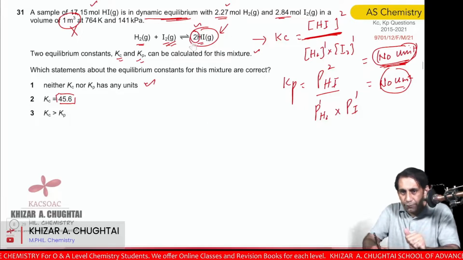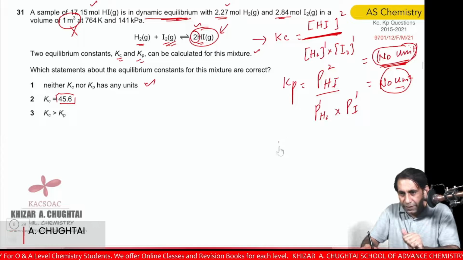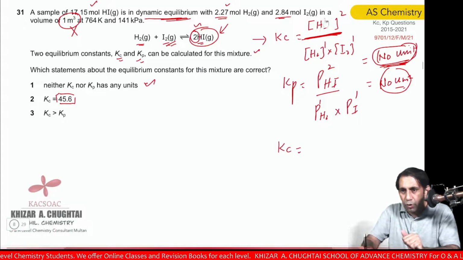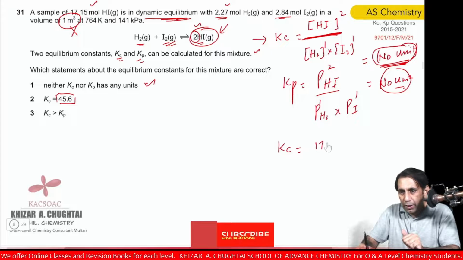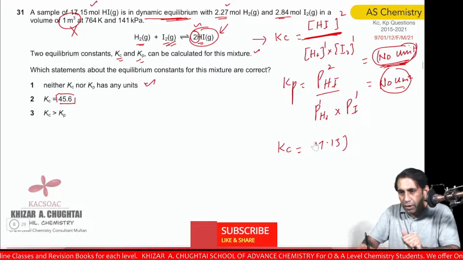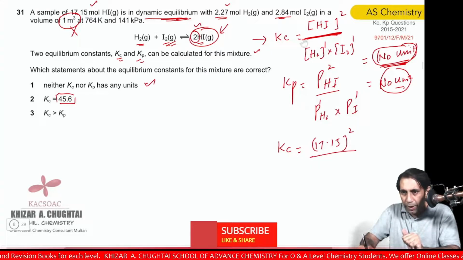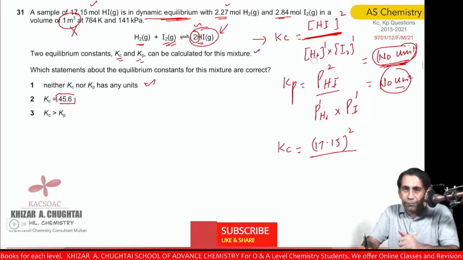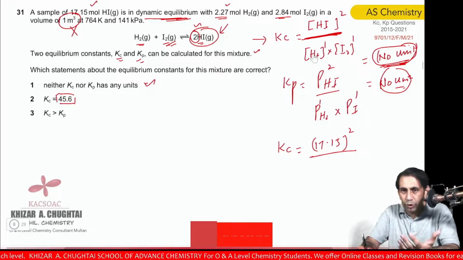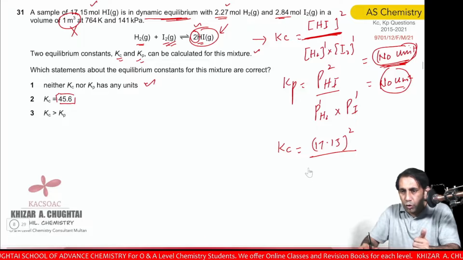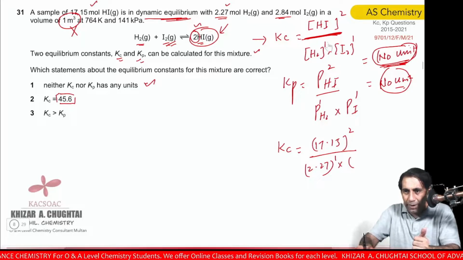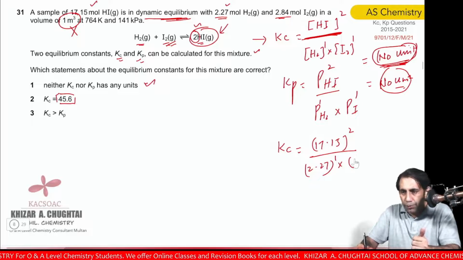So Kc, first of all, I am going to find the answer of Kc. Kc is equal to mole of HI, that is 17.15 raised to power 2, divided by mole of H2. I am not going to change them into concentration. Mole of H2 is 2.27 raised to power 1, multiplied by the mole of iodine, 2.84 raised to power 1.